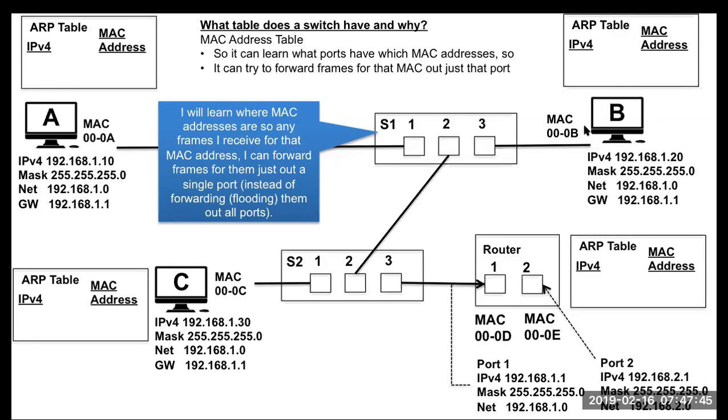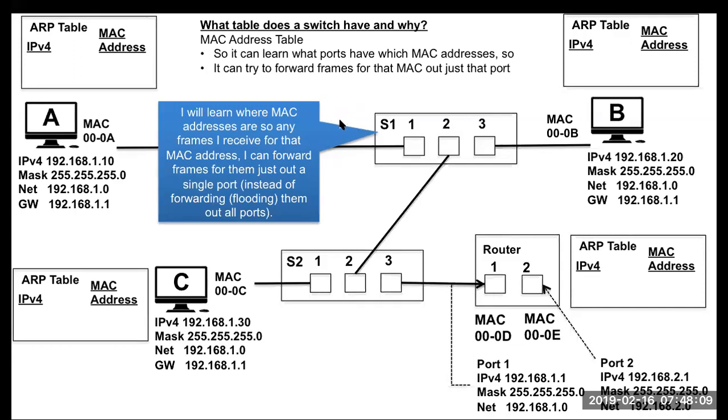So a network administrator sitting here at PCB can remotely log into this switch and manage it. Then the switch is acting like another device on the network, another computer on the network. It's going to have an IPv4 address and a MAC address. And in that case, it would have an ARP table, okay?